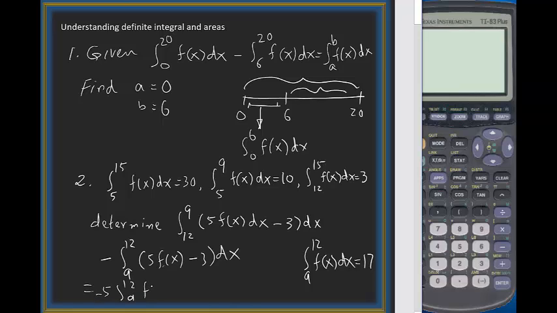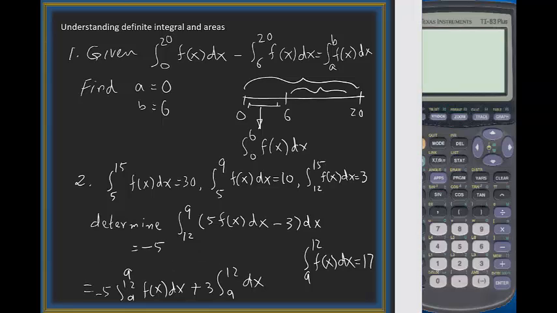Integral 9 to 12 f(x) dx, negative will be positive, and 3 integral 9 to 12 dx. We have seen 9 to 12 is actually 17 units for the function. So the first integral we will be using 17.